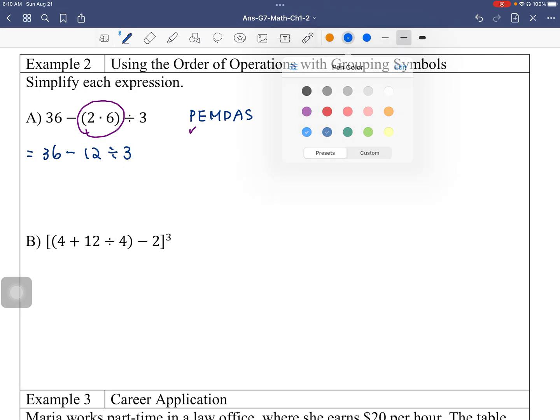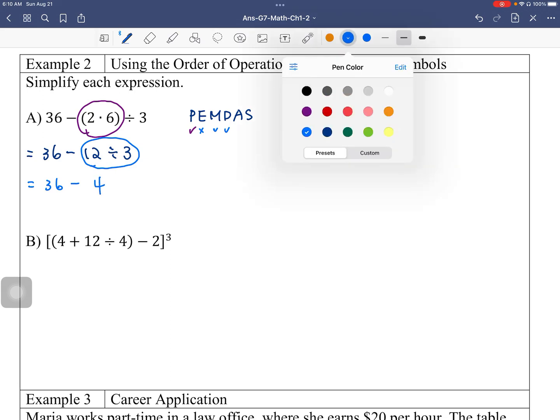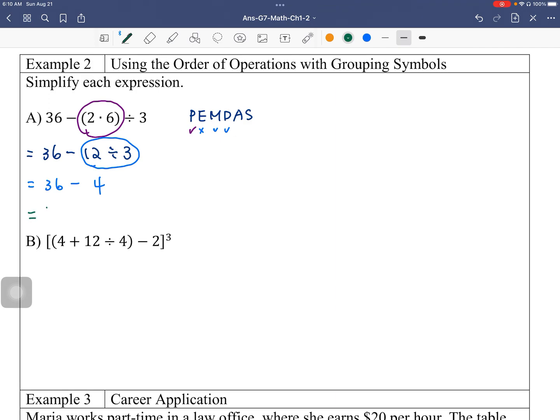I don't have exponents. Multiplication, division. Minus 4 equals 32.